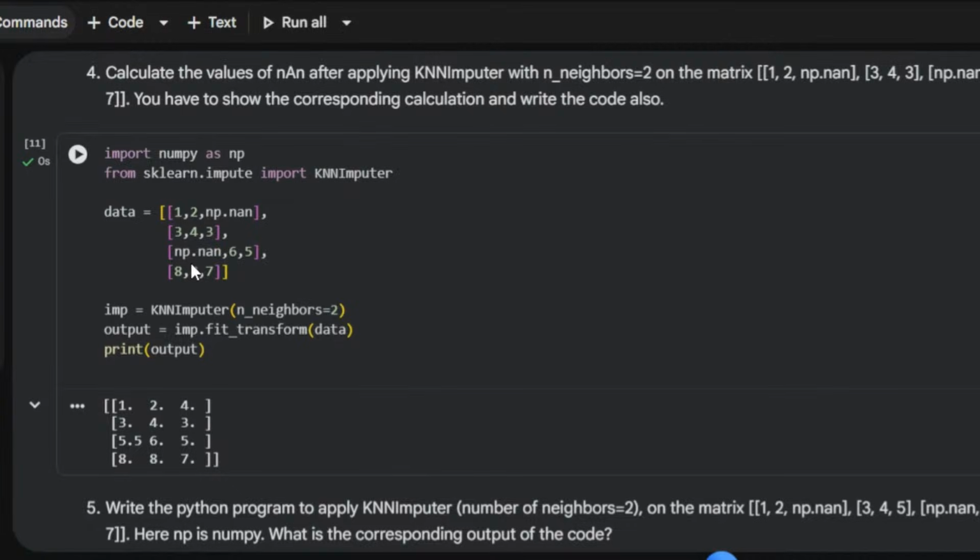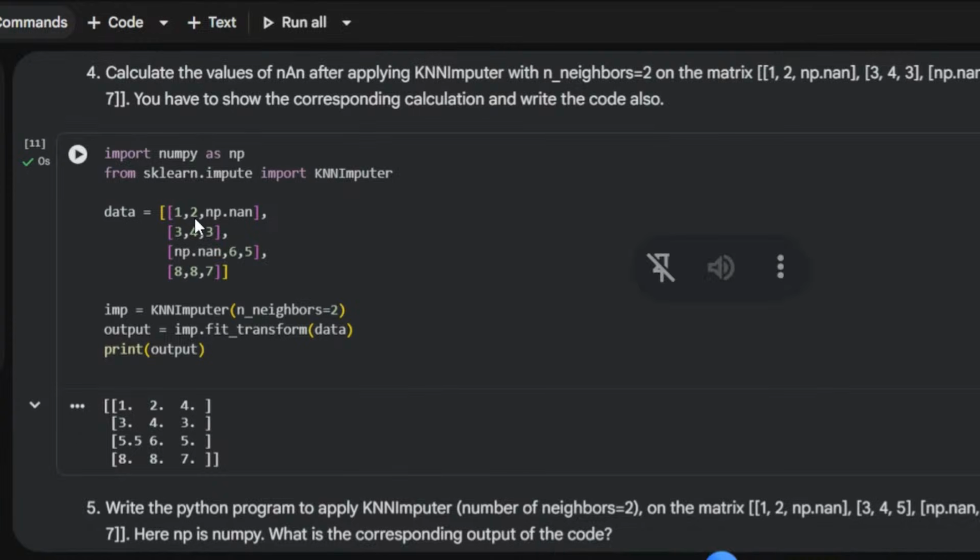I suppose the two nearest neighbors to this third row are the second and third.